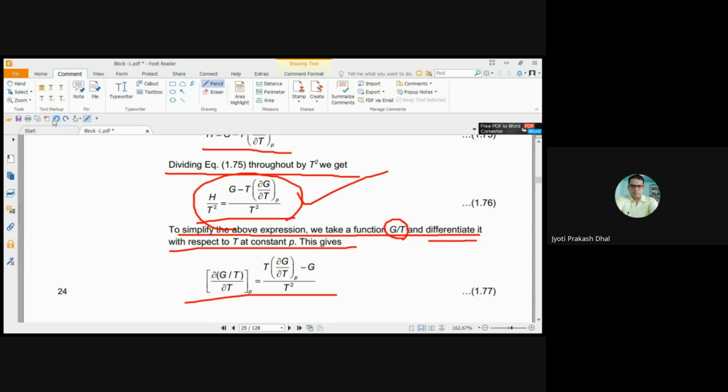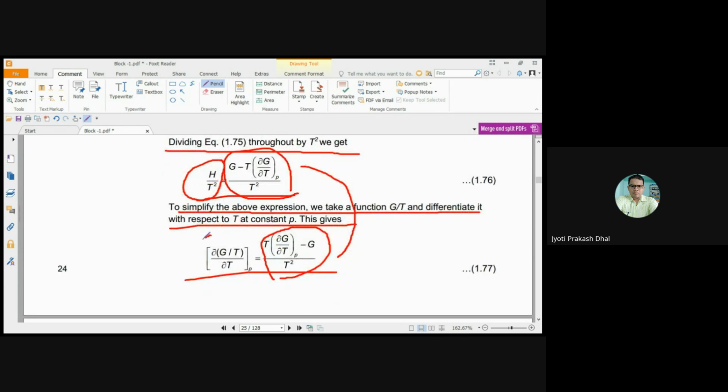So if you compare equations 1.76 and 1.77, the RHS of 1.76 is the negative of the RHS of 1.77. Both are similar, only one negative sign is there. Hence, the LHS of 1.76, that is H by T square, equals minus of this.